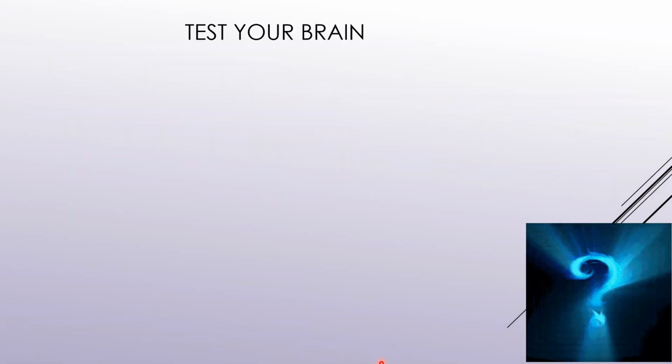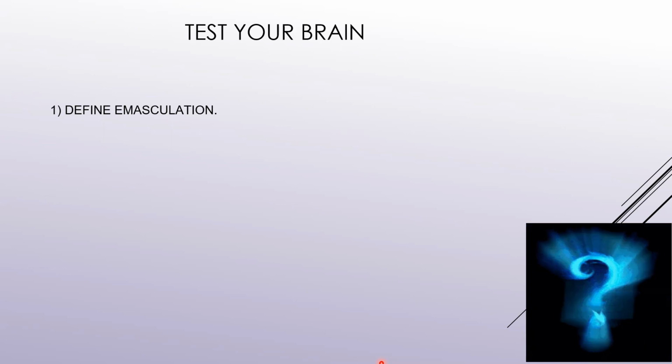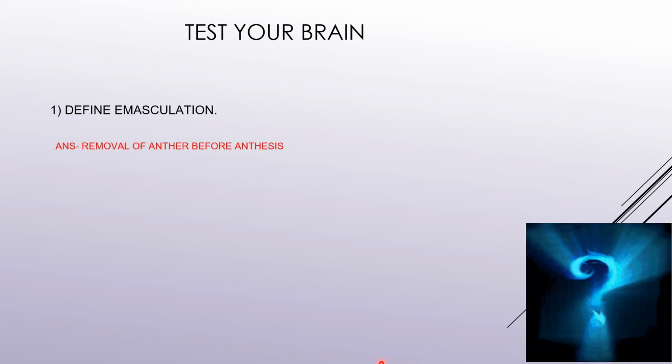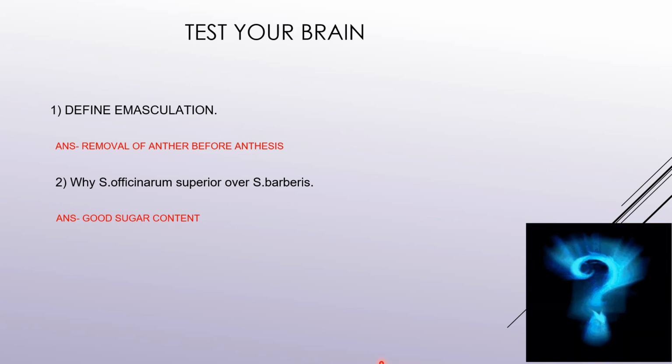Test your brain. Your very first question is define emasculation. You can take your own time, pause the video, write the definition in your notebook and then check it out. Emasculation is the removal of anther before anthesis. Your second question is why Saccharum officinarum is superior over Saccharum barberi? And the answer is because it contains good sugar content as it has a thick stem.